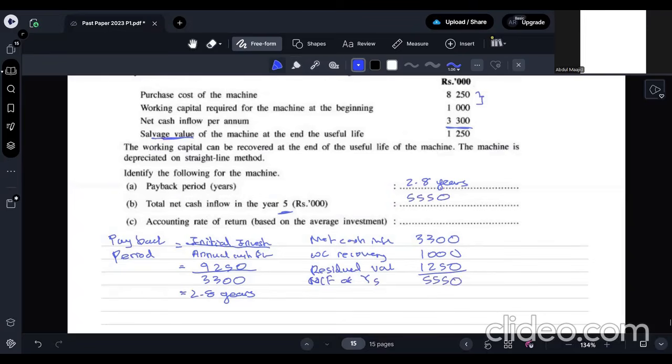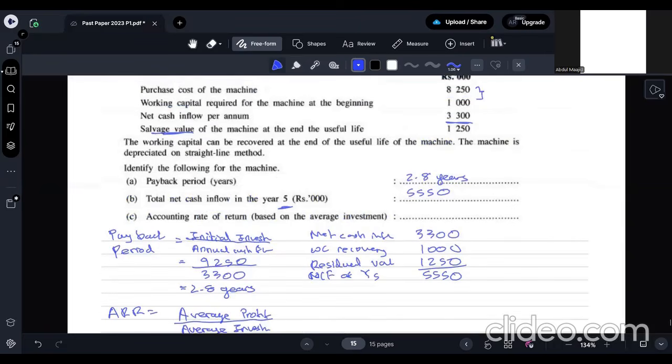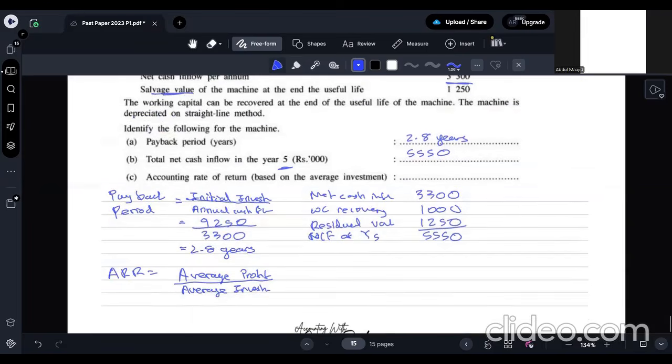Okay. Then third one, accounting rate of return based on average investment. ARR equals average profit divided by average investment. Now here, the annual cash flow is the same for every year, right? Net cash inflow per year 3,300. And the profit for every year also will be the same. Now how will you find your profit? ARR is average profit over average investment into 100. Profit equals annual net cash flow minus depreciation.